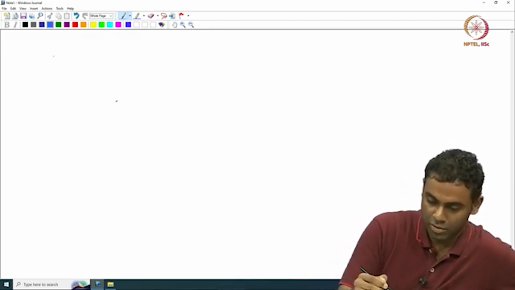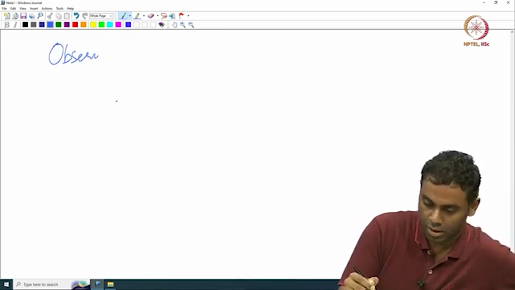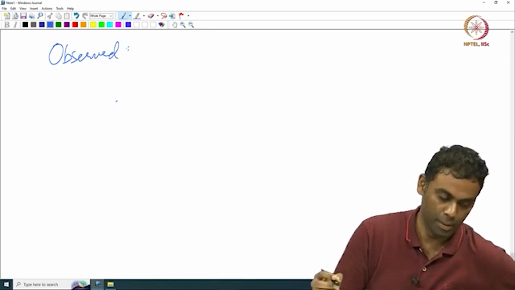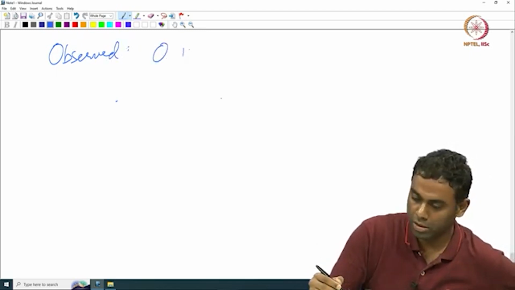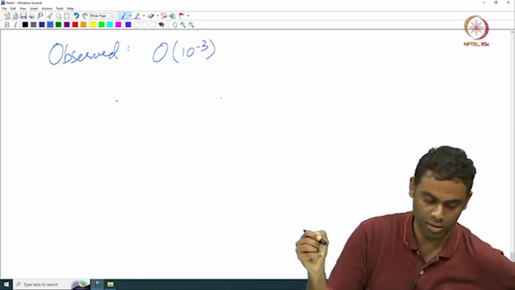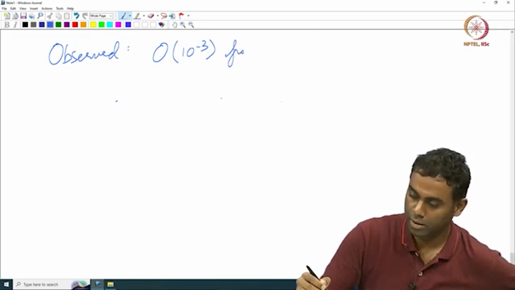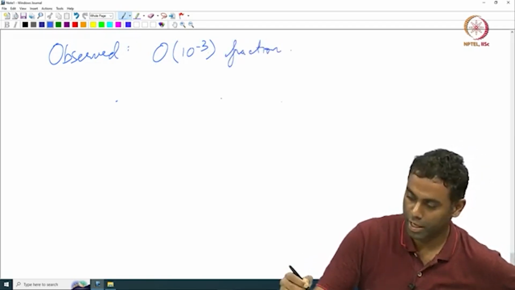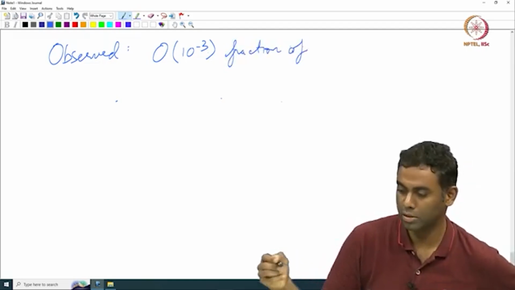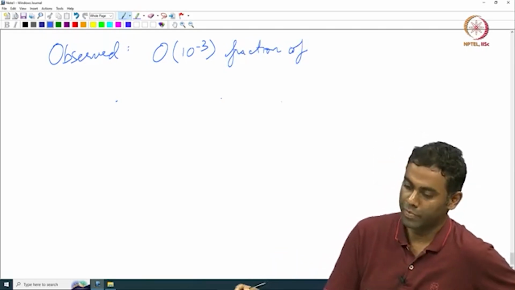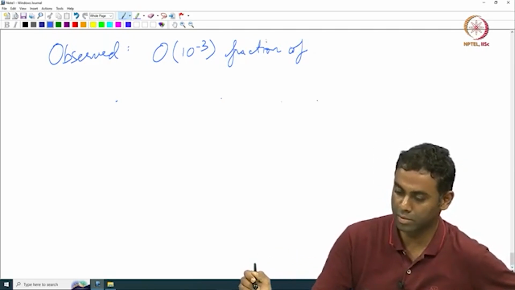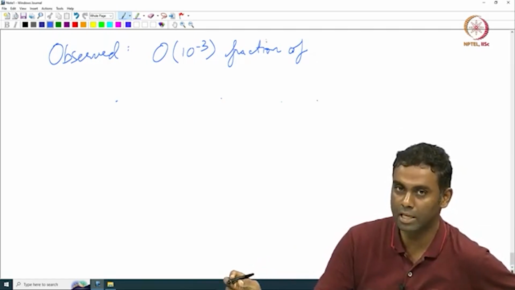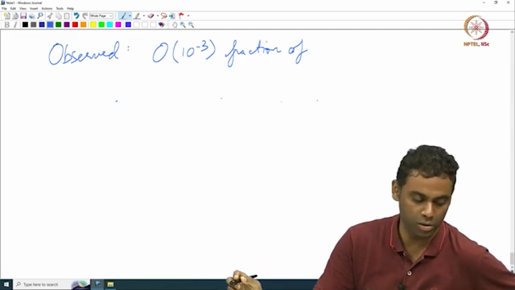They did observe an order 0.001 fraction, whatever the number was. If they saw 10,000 events, then 10 events makes an order 10 power minus 3 fraction, right?